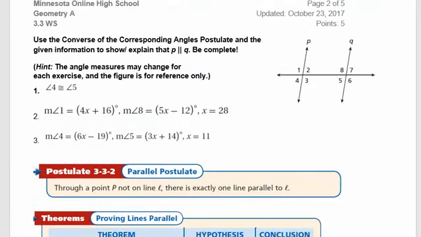First, for number 1, we're going to find angles 4 and 5. Angle 4 is over here, angle 5 is here. Are these corresponding angles? And they are.